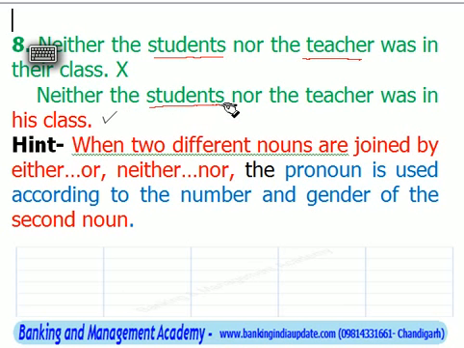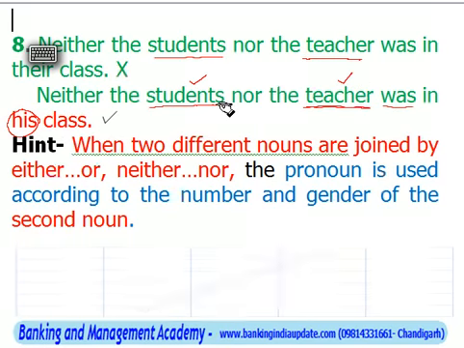The correct sentence should be, neither the students nor the teacher was in his class. This simply means that we see the proximity of the noun to the verb and accordingly we supply the pronoun. In this sentence, students is the first plural noun and teacher is the second singular noun. So we supply our pronoun to teacher and not to students.